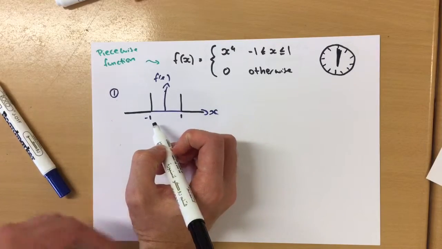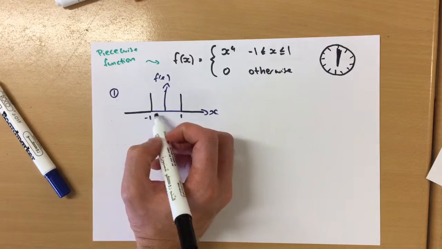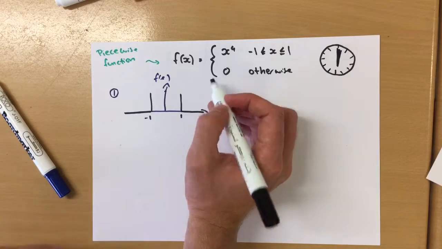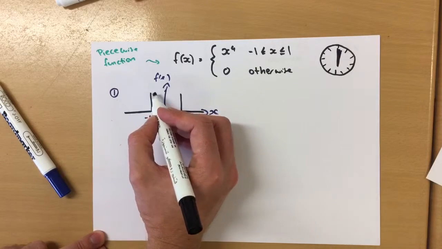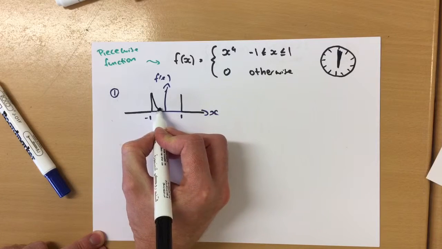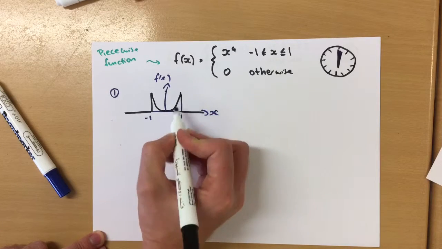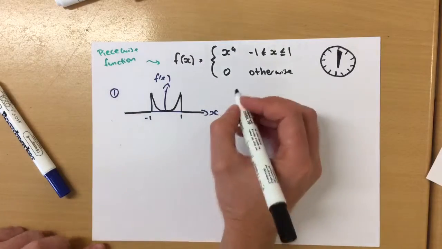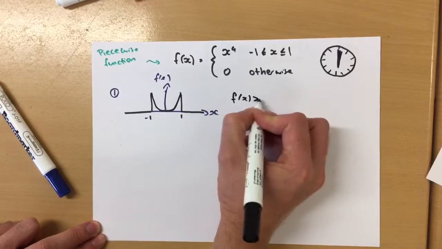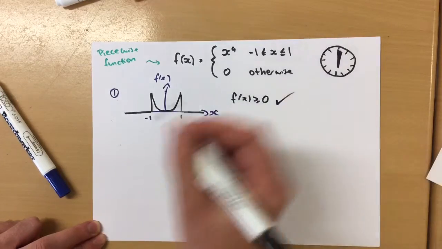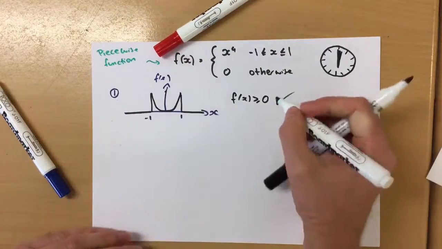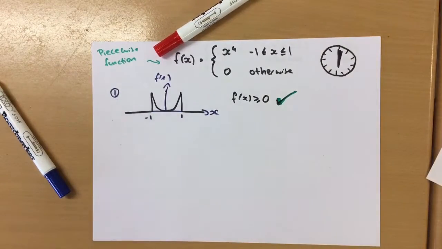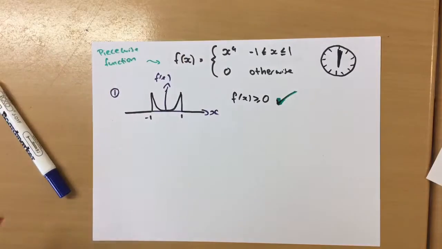If you find some values between -1 and 1 for x to the power of 4, the graph does something like this. At no point does it go below the axis. So we can check that f(x) is greater than or equal to 0, and yes, it is. Therefore, it's a first indication that it's going to be a correct probability density function.